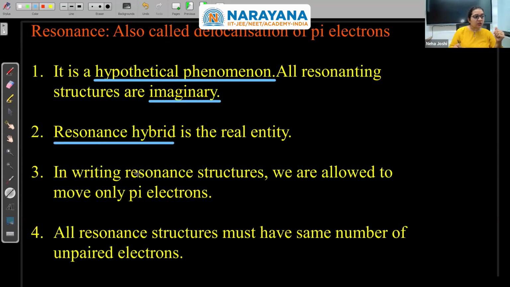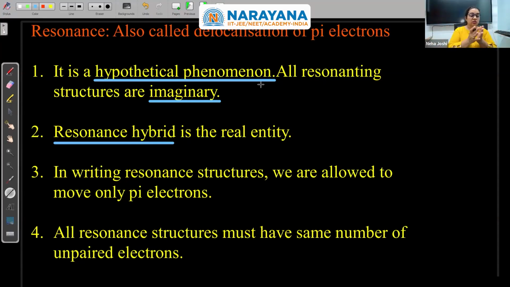Now, how did resonance come into the scene? As we could not explain the resonance hybrid by our limited chemical bonding knowledge to date, we took help of this resonance theory, drew resonance structures and said that the hybrid is a sort of combination of all the resonating structures.